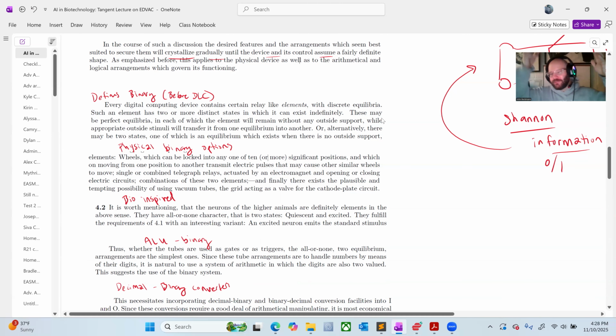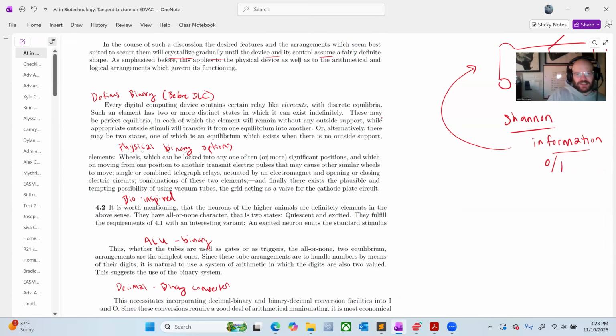Now he goes through and he defines a whole bunch of basic computer science principles. So he says it's got to rely on binary. And he describes this as there needs to be elements with discrete equilibria. That means they're either this or that, discrete equilibria, with two or more distinct states. Two would be binary, 0 or 1, which can exist indefinitely, which means it's got to hold that state.